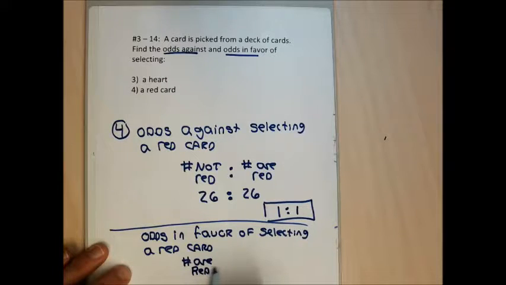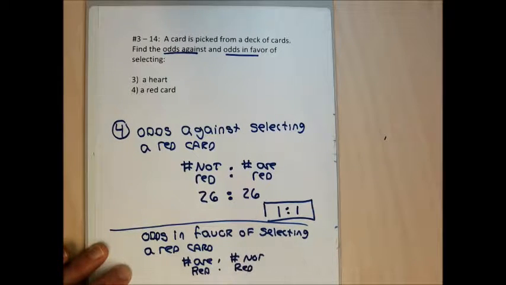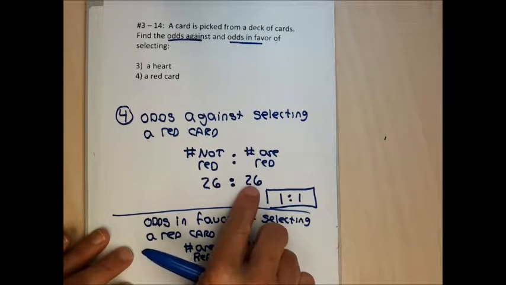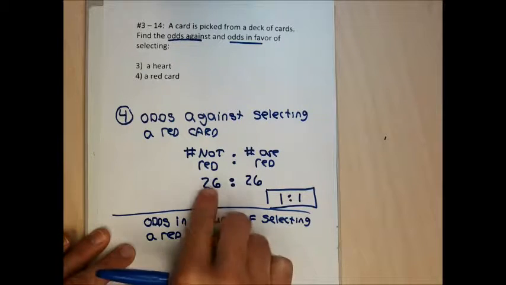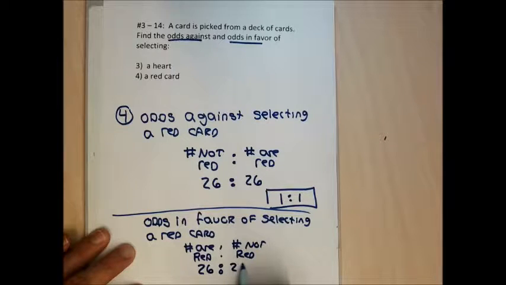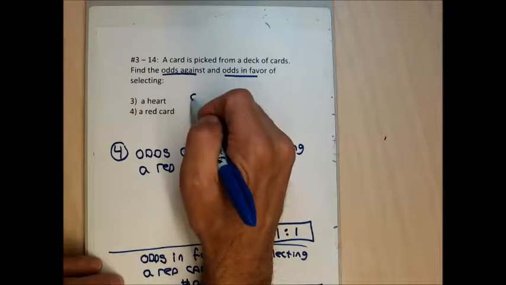So I'm going to do the number that are red first and the number that are not red second. There are 26 red cards in my deck, so I'm going to write 26 first, then my colon, and there's 26 cards that are not red. I'm going to write those second, and then I'm going to divide each of those 26s by 26 and get 1 to 1.